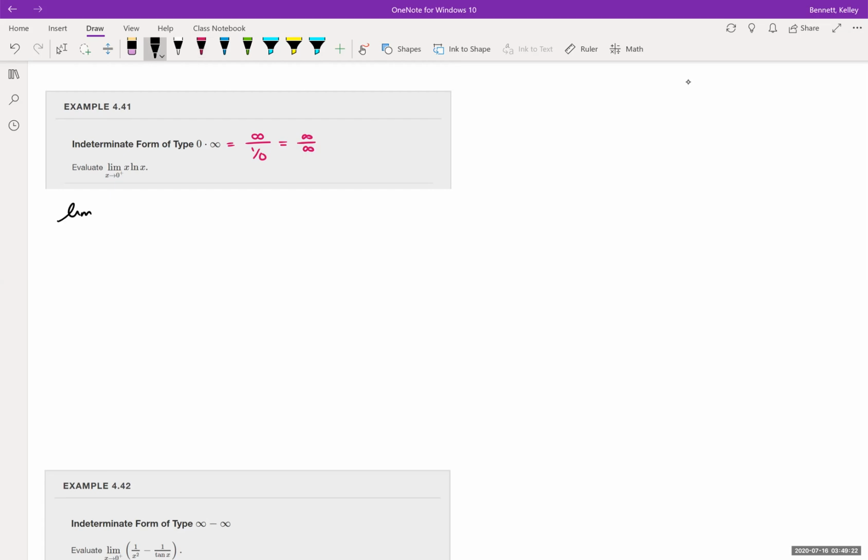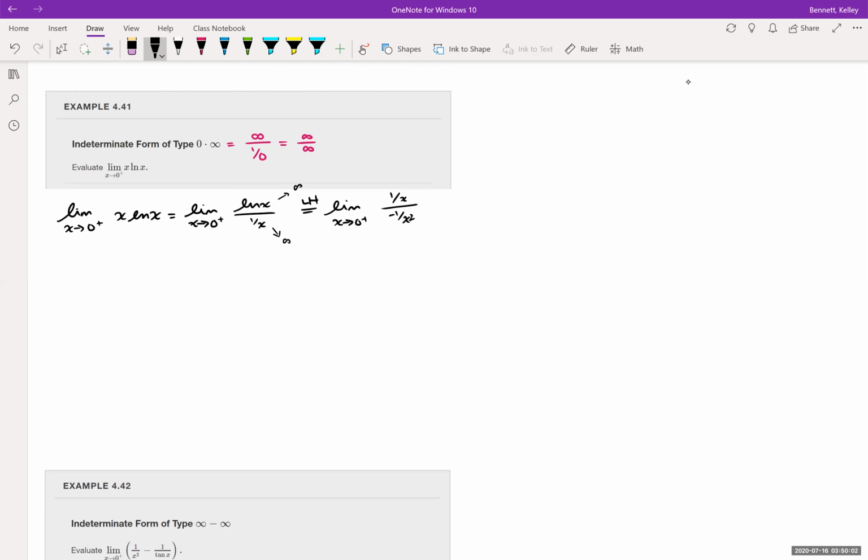So if we have the limit here as x goes to 0 from above of x ln x, then we should write this as ln x over 1 over x, right? And so these are equivalent algebraically, and it gives us the added benefit of putting it into this form of infinity over infinity, so we can use L'Hopital. So applying L'Hopital, we're going to get 1 over x over -1 over x squared.